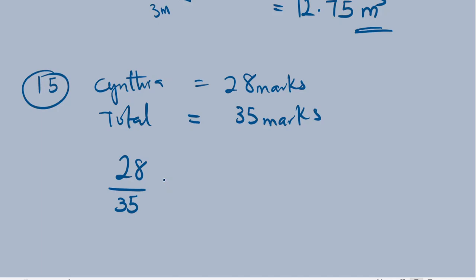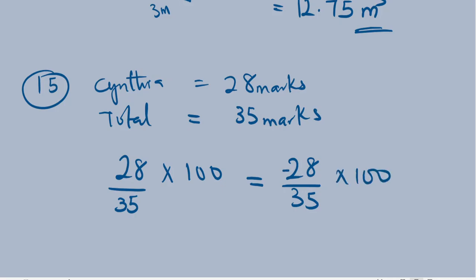Now converting it to percentage means multiplying by 100. Now let's divide. 28 out of 35, multiplied by 100. What can divide the two is 7, because 28 and 35 are both multiples of 7. So 28 divided by 7 will give you 4, and 35 divided by 7 will give you 5.